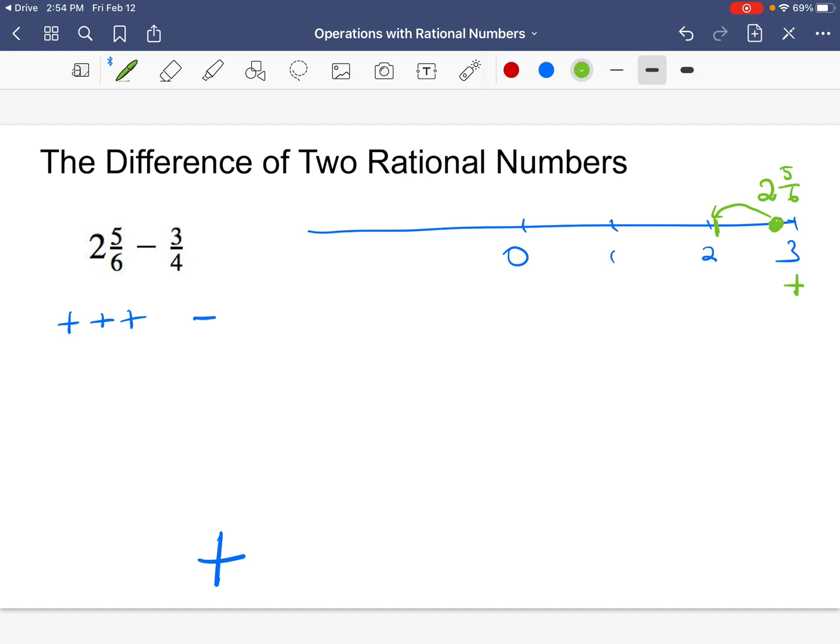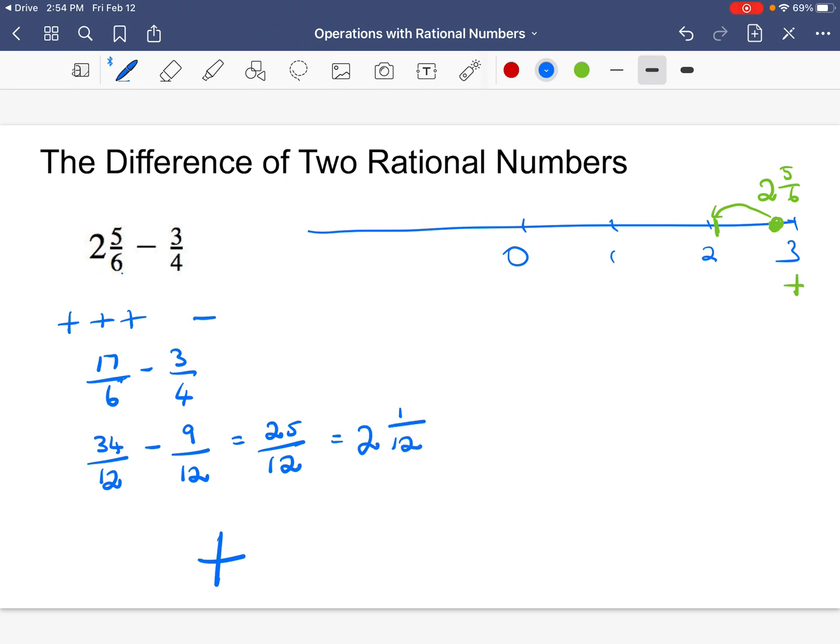Now to do the math, 2 and 5/6, I need to write an equivalent improper fraction. 2 6s, 12 and 5, 17/6 minus 3/4, which I need to make a common denominator now, so 34 12ths minus 9 12ths is 25 12ths, and that is equal to 2 and 1/12.